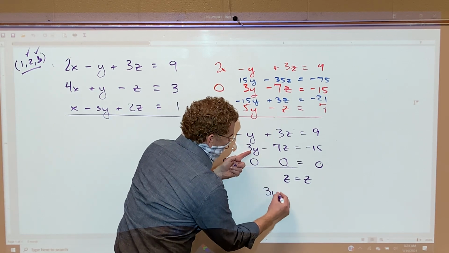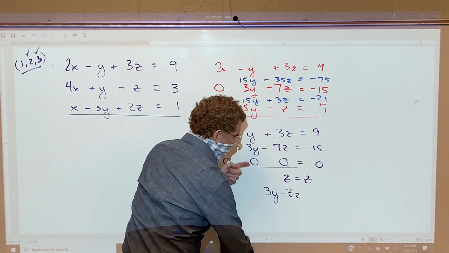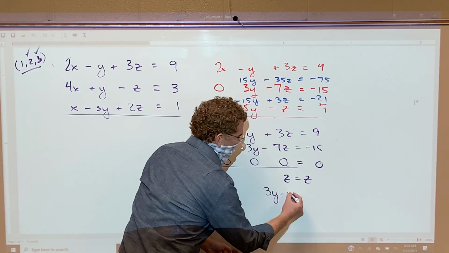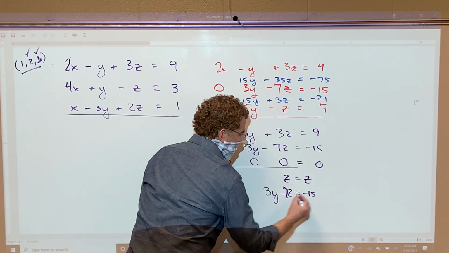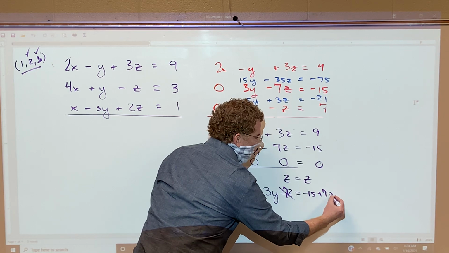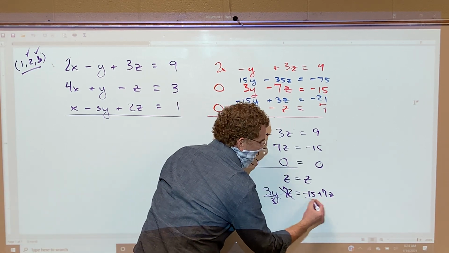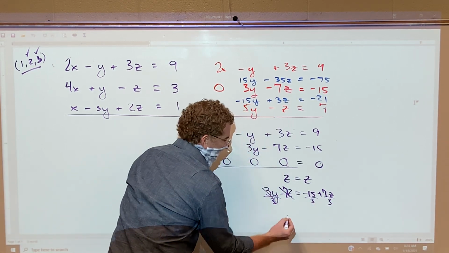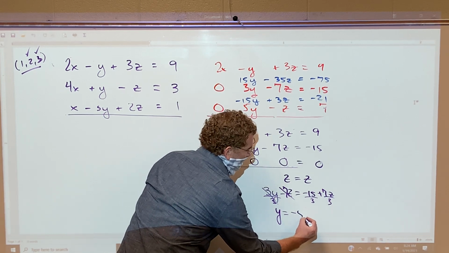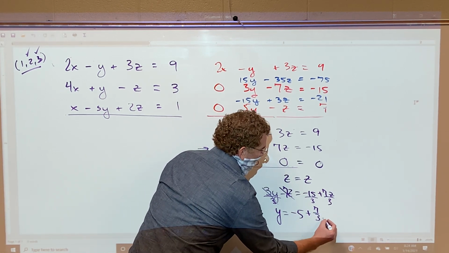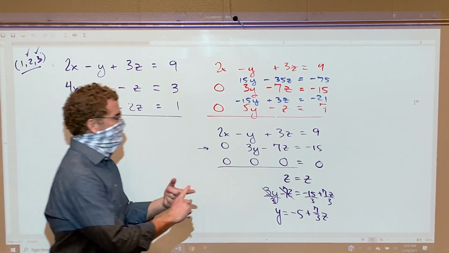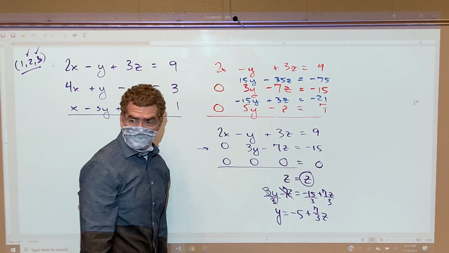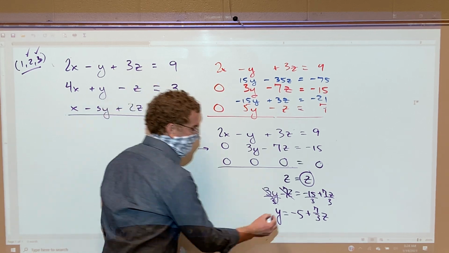We solve for Y. Sorry, 7Z, by adding the 7Z and dividing by 3. Yeah, this is going to be terrible. Sorry. So that gives me Y equals -5 plus 7/3 Z.